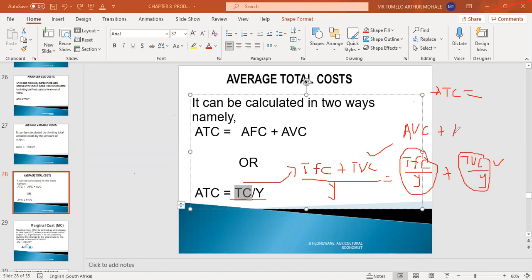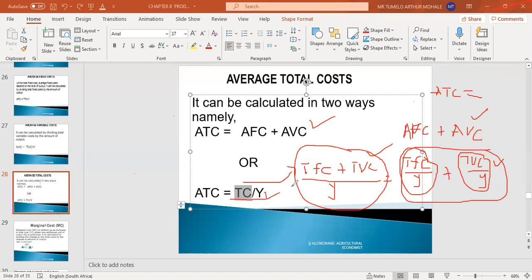This one is average variable cost, and this one is average fixed cost. And then it validates this and also this. Do you see how these functions are similar?